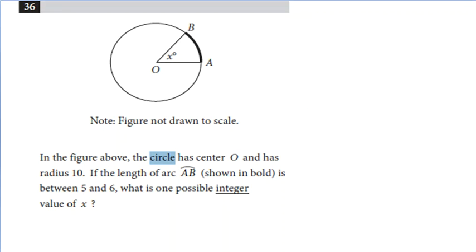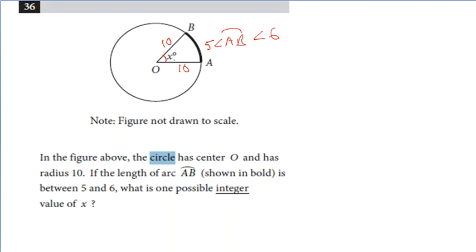So in the figure above, the circle has center O and has radius 10. So this length is 10. Obviously this length is also 10 because they are both radii. If the length of arc AB shown in bold is between 5 and 6, what is the possible integer value of x?